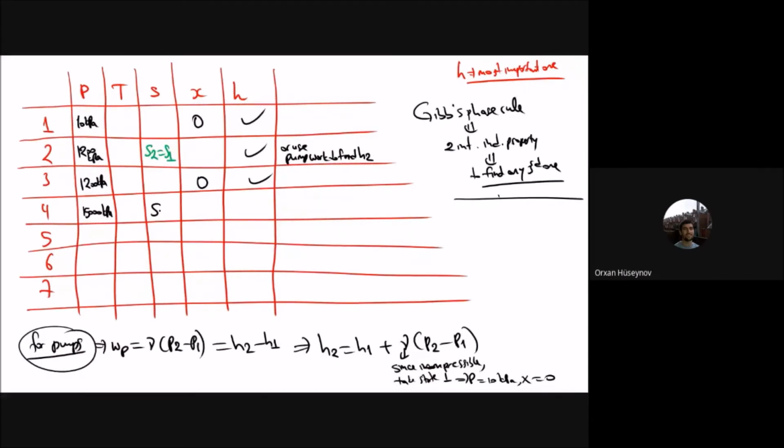For state 2, the enthalpy at 2 is about the same as enthalpy at 1, and likewise enthalpy at 4 is about the same as enthalpy at 3. Or you can use pump work to find enthalpy at 4: enthalpy at 4 will be enthalpy at 3 plus nu at 3 times (P4 minus P3).